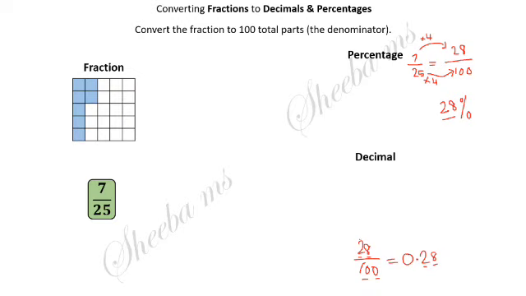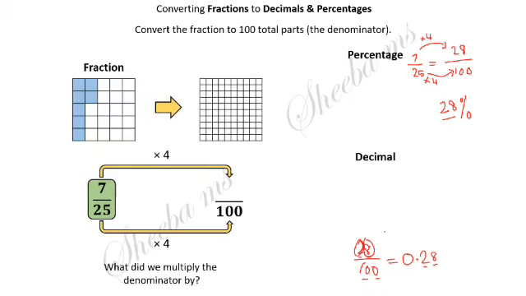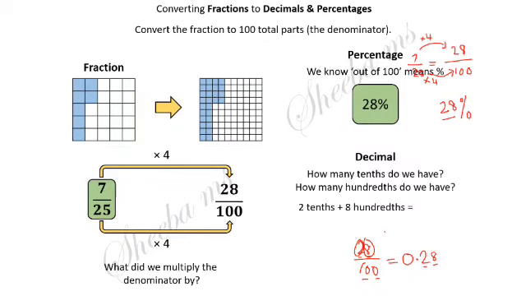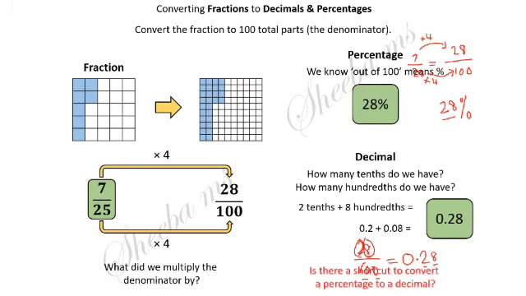So 2 tenths are there, 8 hundredths are there. So 0.28. I think you got it.